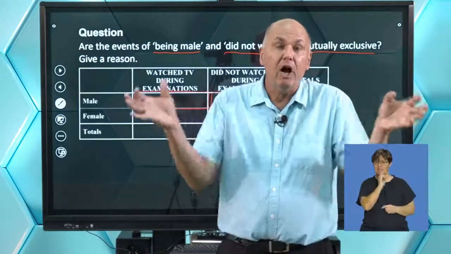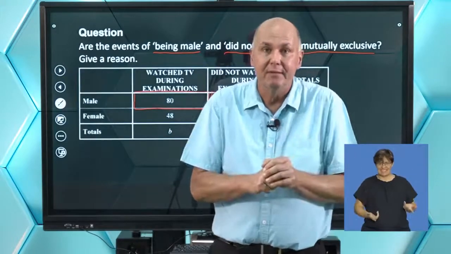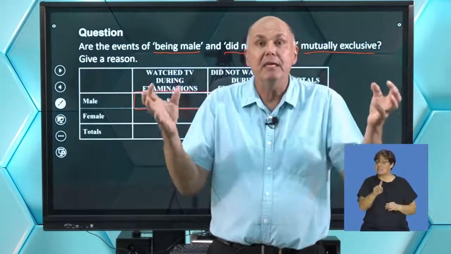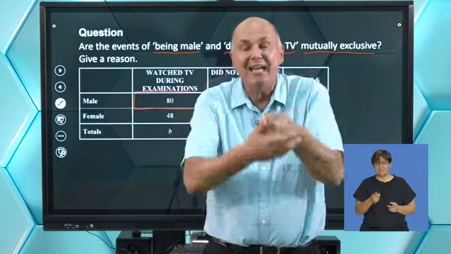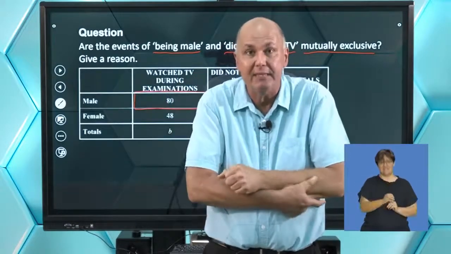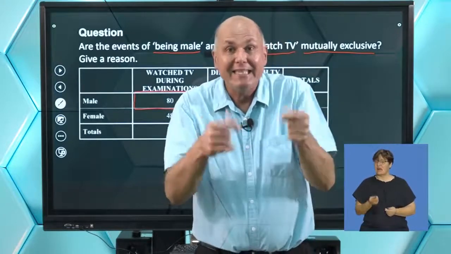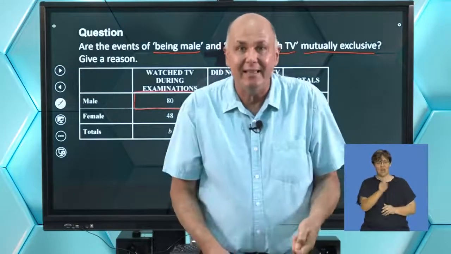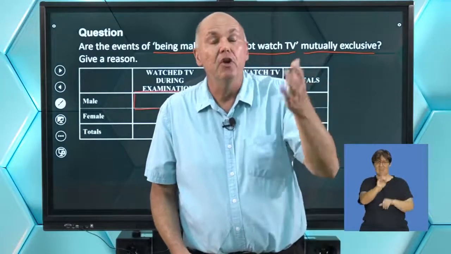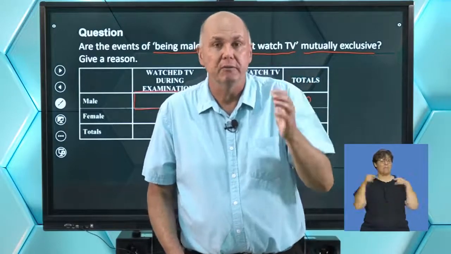Now, if those two sets were mutually exclusive, what could you predict? Well, they can't happen at the same time. That means the intersection between them has to be empty. There have to be 0 in them. But here we see there are 20 in them. So these are not mutually exclusive events.